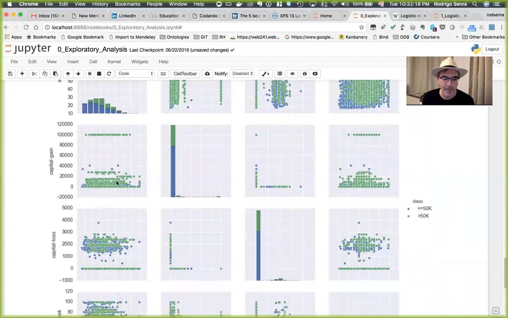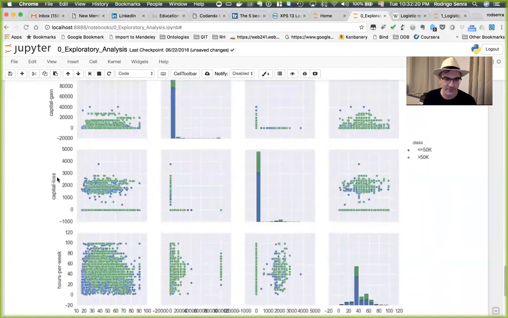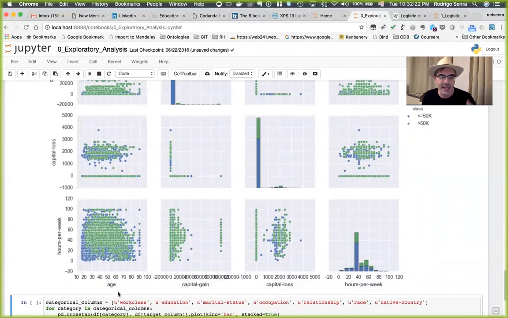By comparing the distribution of two attributes like age against hours per week, we see the distribution of high income and low income according to these two parameters. If they are really separate, if you see all the greens in one corner and all the blues in the other corner, that means those particular attributes are good candidates for our crystal ball to use.